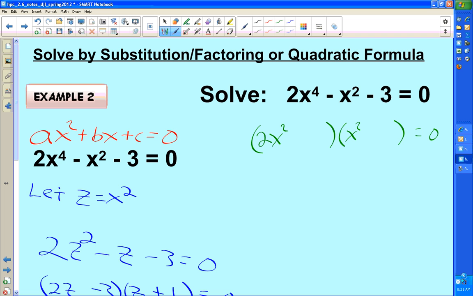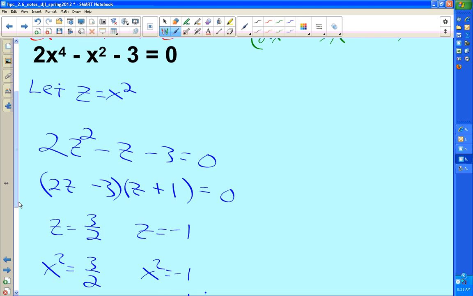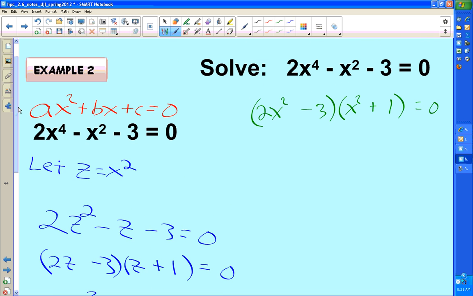And then it's going to be 3 and 1, and it's minus and plus. So you're not doing really anything different other than recognizing that this and this are x squared, just like when we switched to z squared at the first. It's the same concept, just with a higher power.